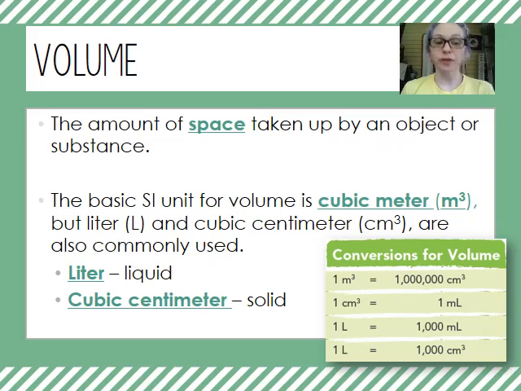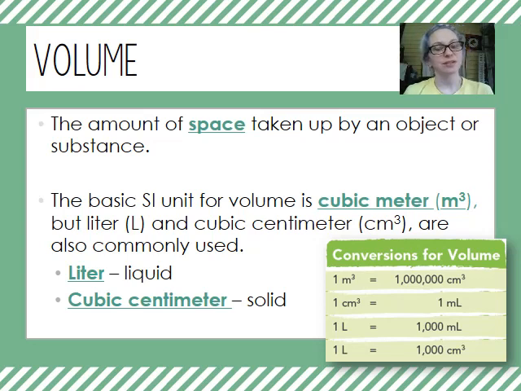Okay, so we're talking volume now, and volume is the amount of space taken up by an object or a substance. The basic SI unit is the cubic meter, m³, but we use liter and cubic centimeter because cubic meter is pretty big. Think about a meter stick being what we use in class sometimes.